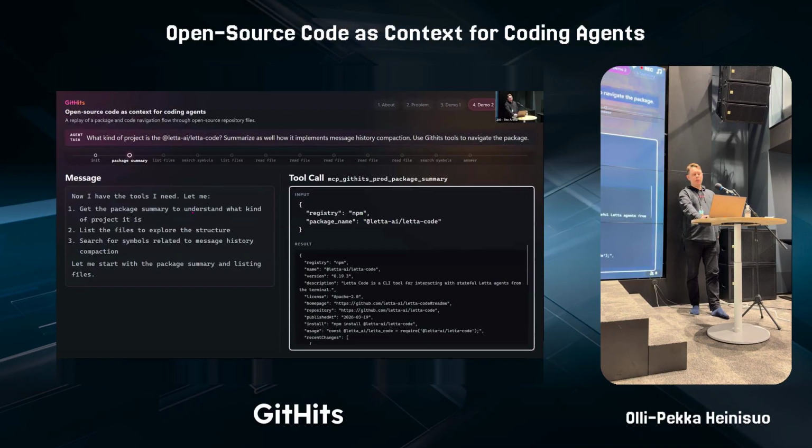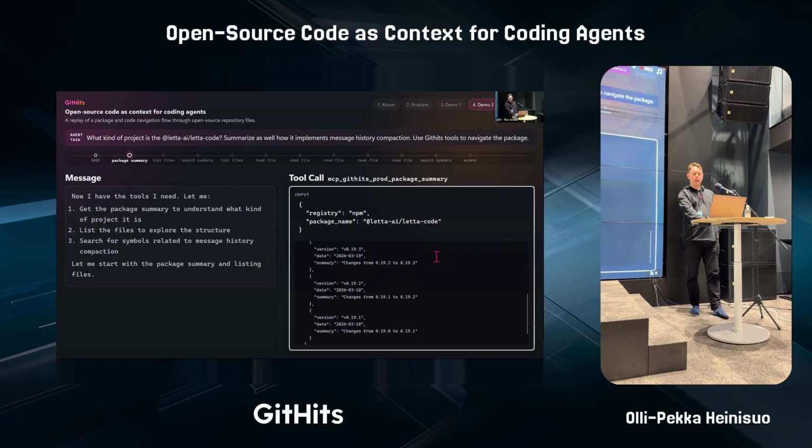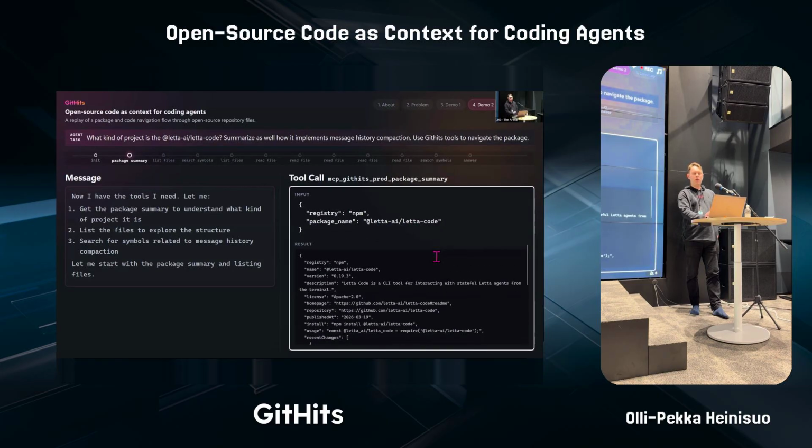This starts by getting the package summary. We have this tool called package summary. We get the versions, or rather our index is version aware. We know all the versions of the code. It maps to real Git commits in repositories.